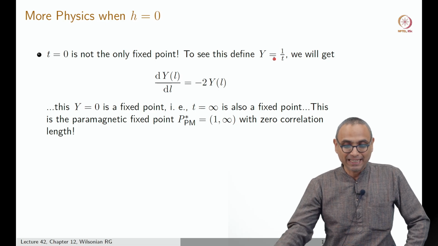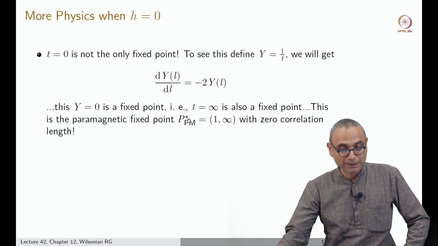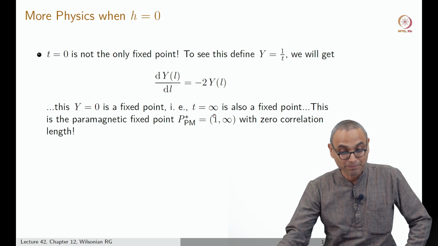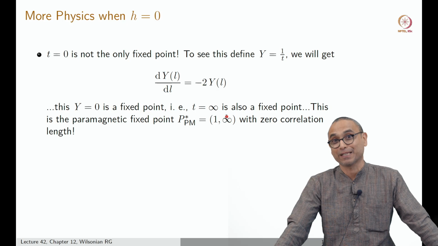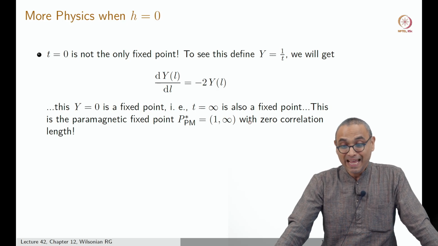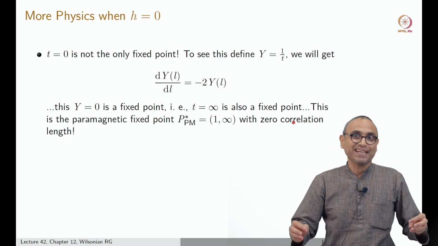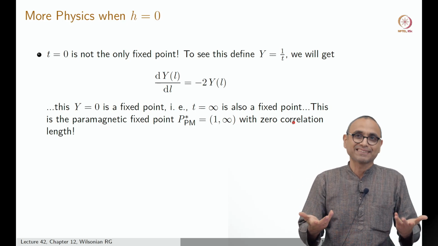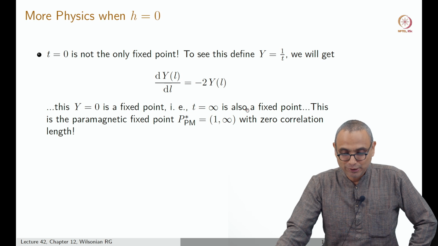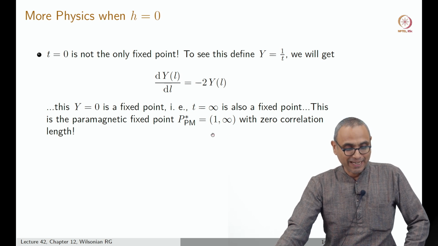This paramagnetic fixed point P star has 1 as the coefficient of the del square and infinity as the coupling constant. And this gives 0 correlation length, which is again RG invariant, because if I scale 0, I will get 0.